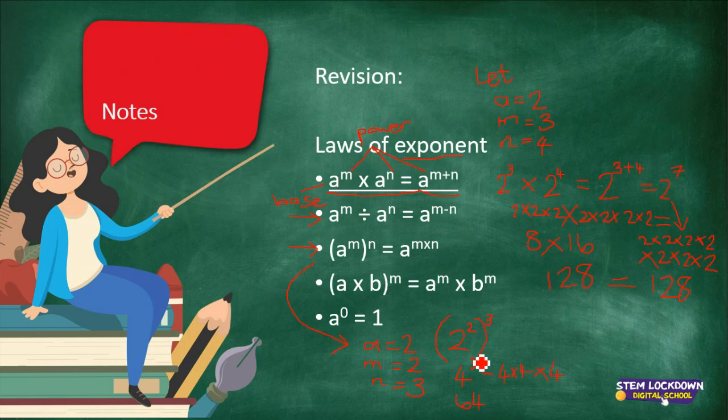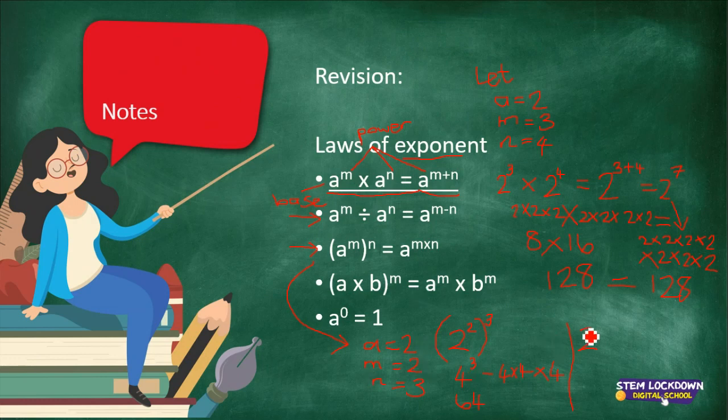Now, according to this law, it says this is the same as saying 2. Remember, our a is 2, right? So it's 2 to the power m. M is 2, right? We said let m be 2.